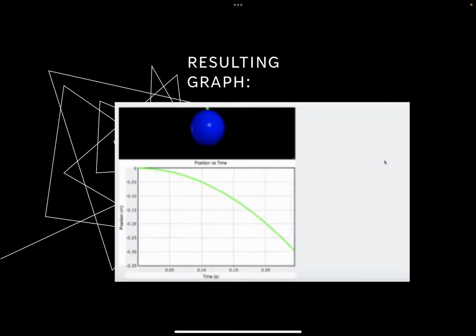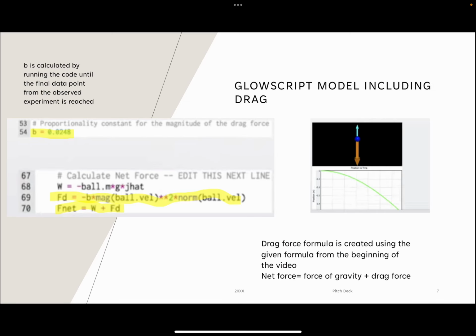Then I used the velocity update formula, which says that v final equals v initial plus F net divided by mass times delta t, to update the velocity, and the position update formula, which says the final position equals the initial position plus the average velocity times delta t. This is the resulting graph from that model.